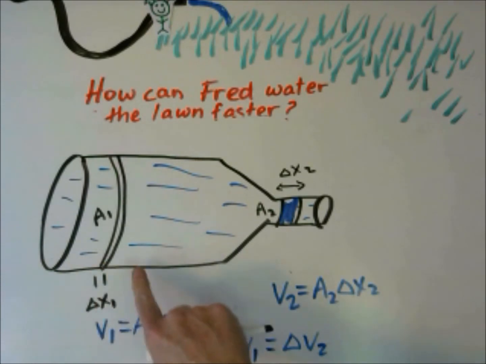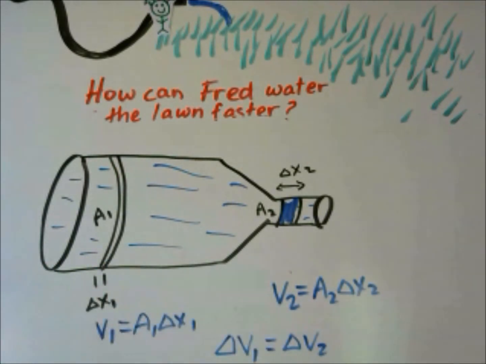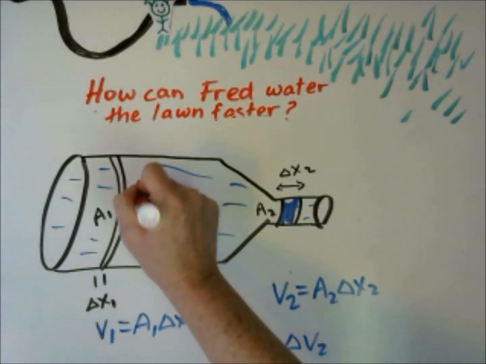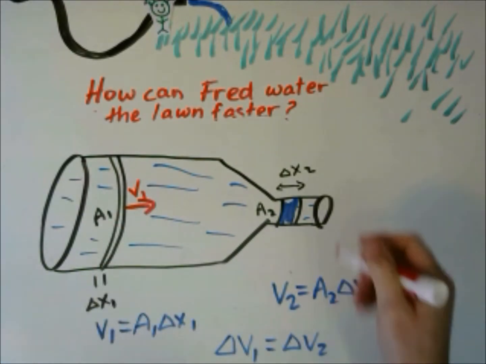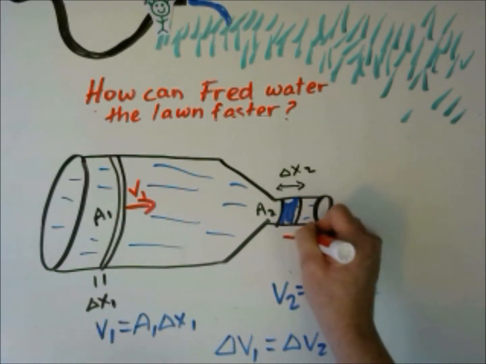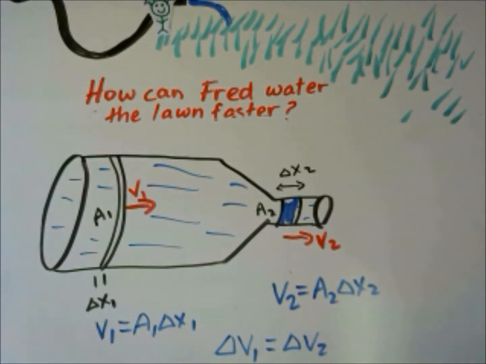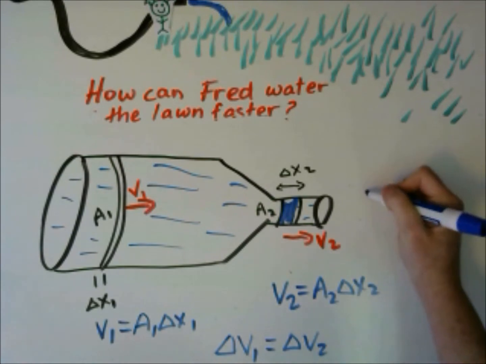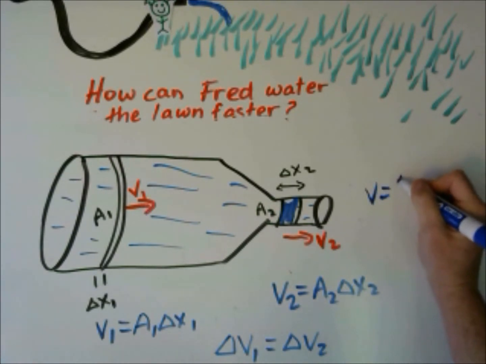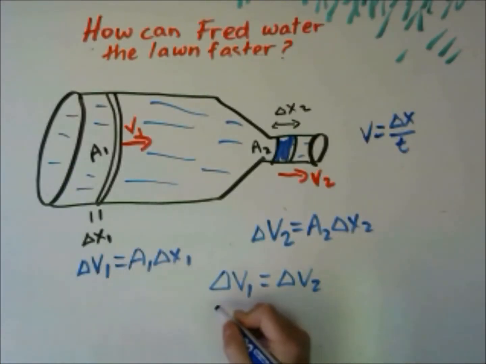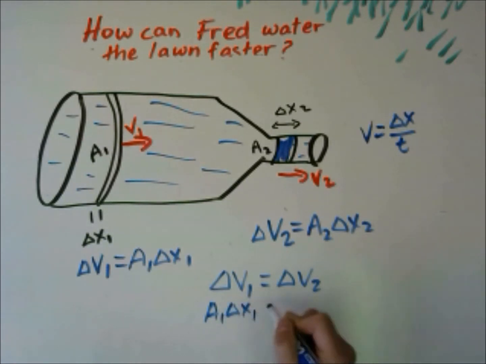Now, since there's a fluid flowing through it, we're also going to have a velocity for each. The velocity at this point is called v1, and the velocity in this fluid we'll call v2. Now, if you recall, velocity is equal to change in x over time. Volume 1 equals A1 delta x1.